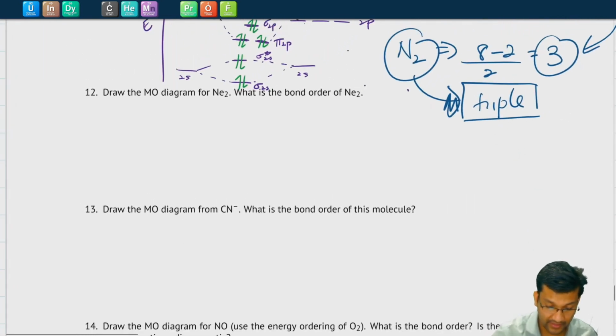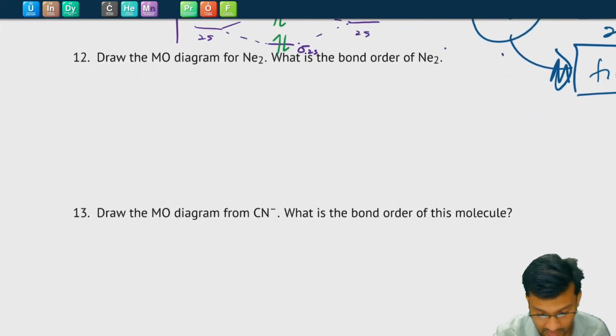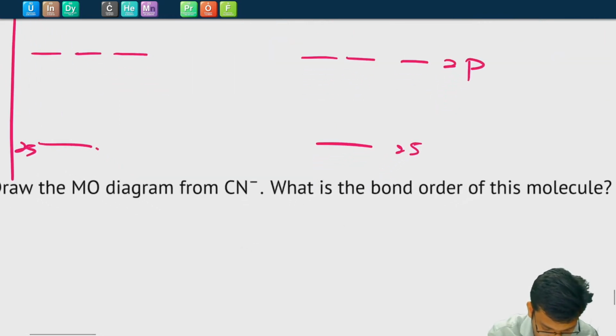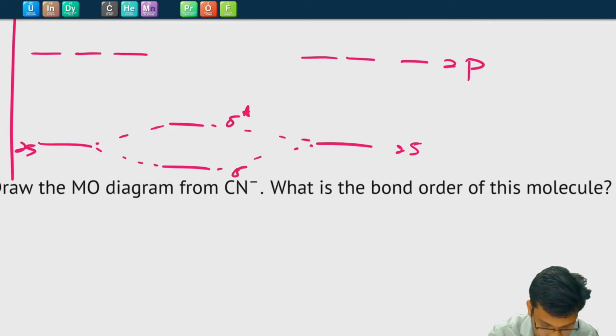Okay, let's look at the case for neon. Try it for neon and try to figure out the bond order for neon. So energy, the 2s orbitals start here, 2p orbitals, there's 3 of them, over there. When they come together, the s orbitals form a sigma and a sigma antibonding.